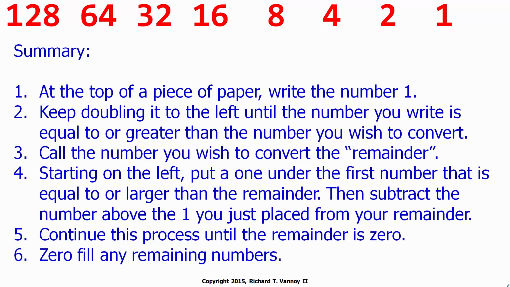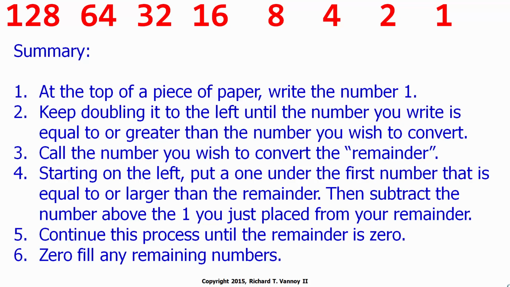So start on the left, find the largest number that's equal to or smaller than the remainder, then subtract that number and put a 1 there. So put a 1 underneath that number, subtract that number, that gives you a new remainder, and then you're going to continue down the line, one column at a time, until you either get your remainder to 0 or you've gotten all the way down to the 1 and placed a 1 or a 0 underneath the 1.